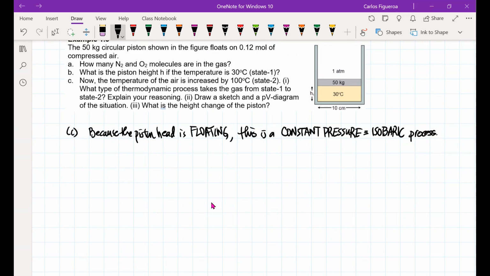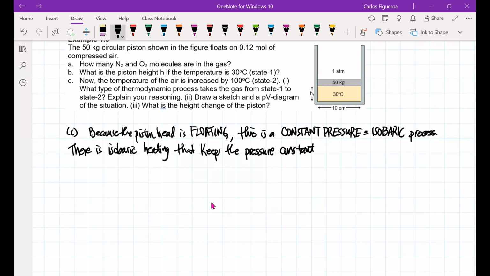So that means there is isobaric heating that keeps the pressure constant.